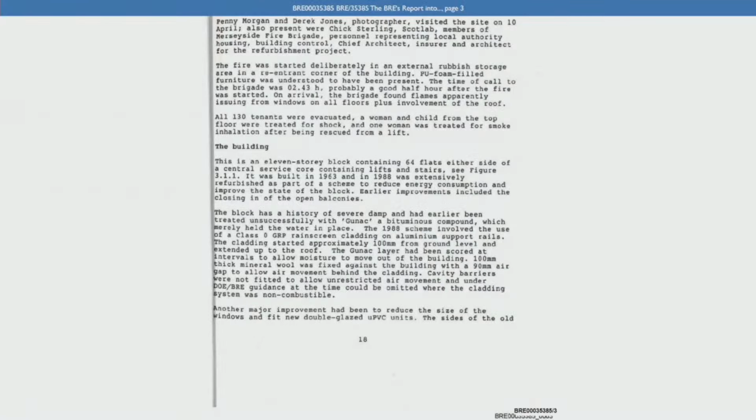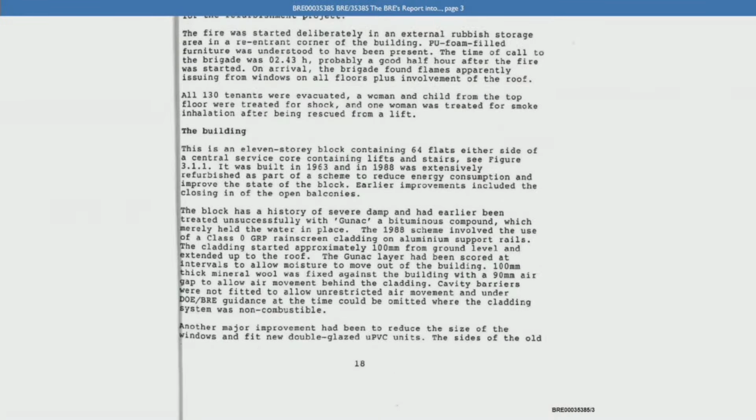Can we go, please, to page 3, paragraph 5, under the heading "The Building"? And it refers to the 1988 refurbishment to reduce energy consumption. And then if you look at paragraph 6, which I think has been cut off on the left-hand side, it says in the second paragraph under the words "the building," in the third line, the 1988 scheme involved the use of a Class 0 GRP rain screen cladding on aluminium support rails.